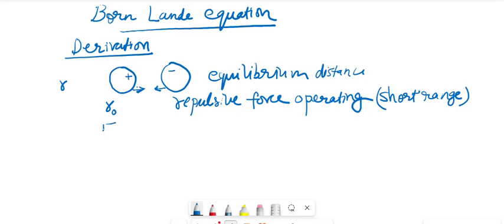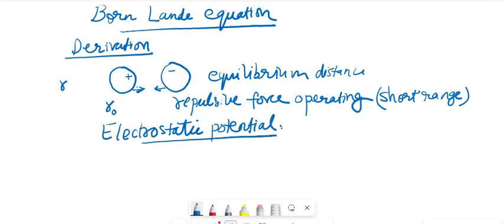So let us see how the electrostatic potential is operating. The electrostatic potential, which is denoted by E pair, operates between the equal and opposite charges.